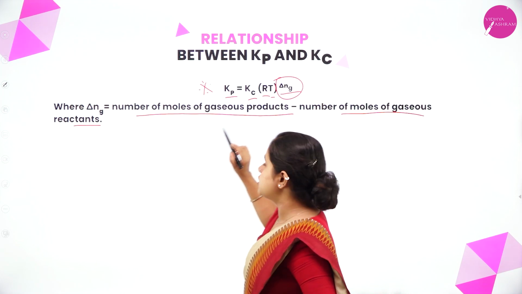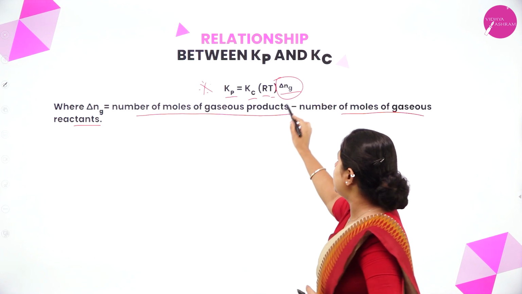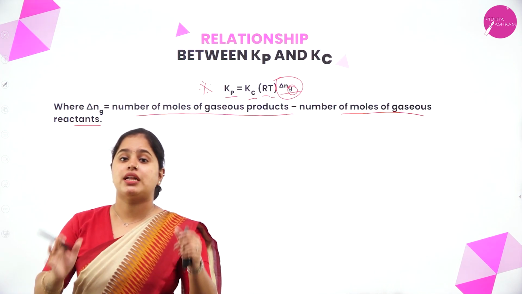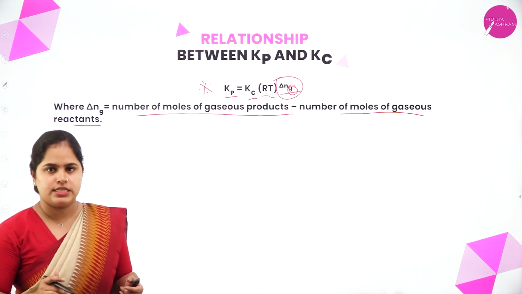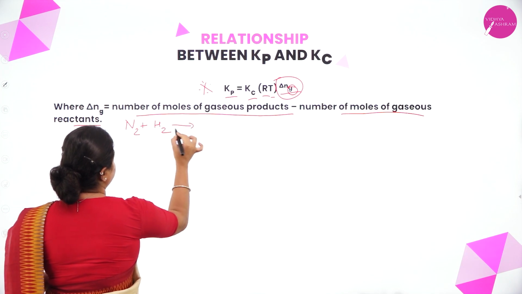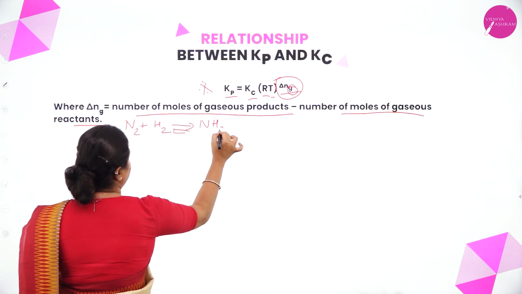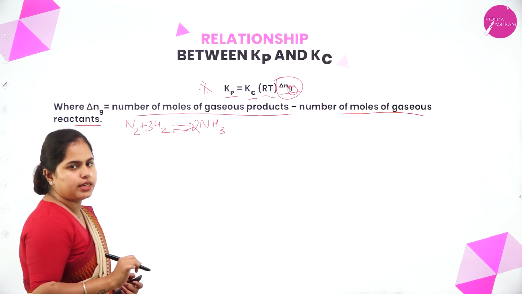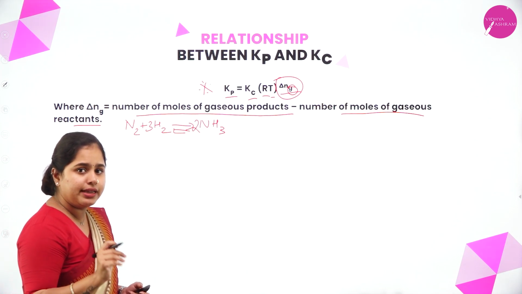So as you can see here, it's not just written delta N, it is written delta Ng. It is only the number of moles of reactants and products which are in gaseous state that we are going to consider. For example, let's take N2 plus H2 giving NH3. If we balance this, it becomes N2 plus 3H2 giving 2NH3. Right. So now how do we calculate delta Ng in this case?